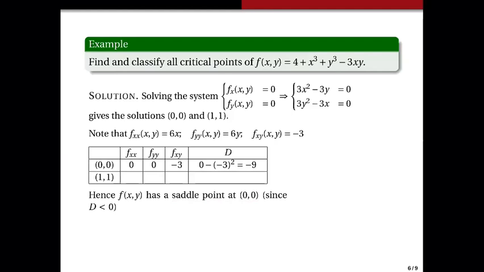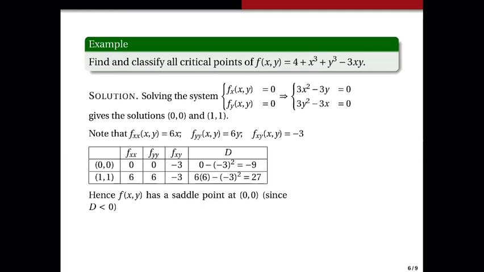On the other hand, if you have the point 1, 1, f sub xx is just 6. F sub yy is also 6. And f sub xy is -3. So if we calculate for d, we'll get positive 27.